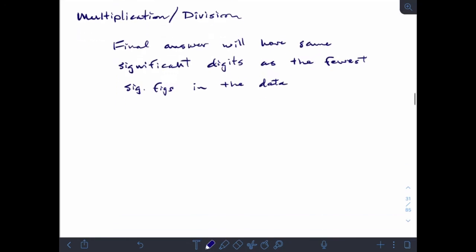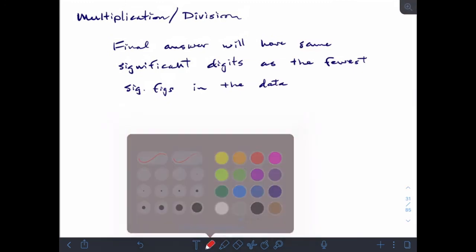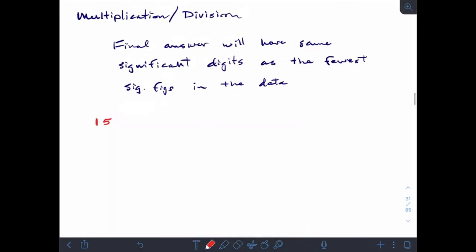Right, so what does that look like? So if I have, for example, 15.972 times 6.2, right? This number has 5 sig figs. This number has 2 sig figs.